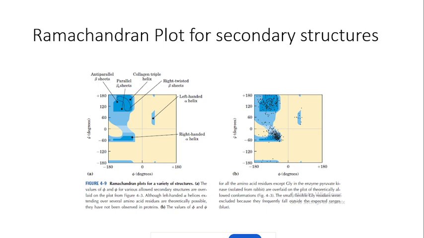So there is a different region for each secondary structure. And notice that all of the secondary structures are falling in the allowed region, in the blue region. None of them are falling in the not allowed region, right?